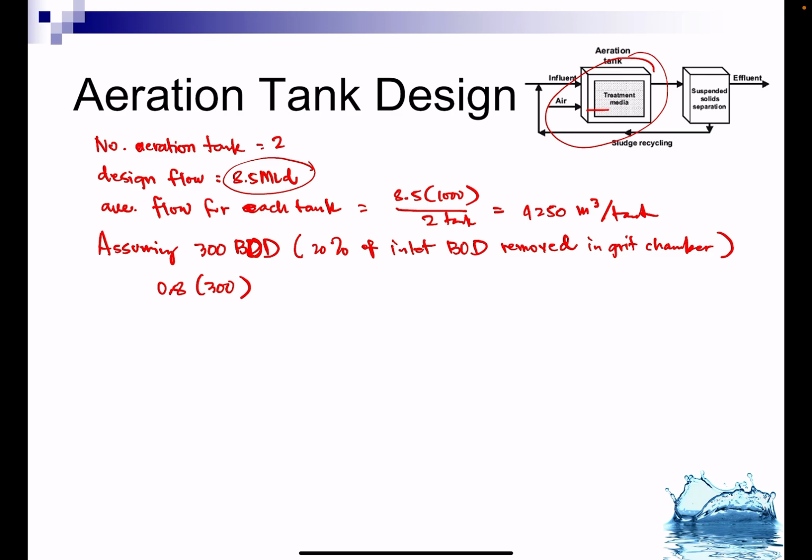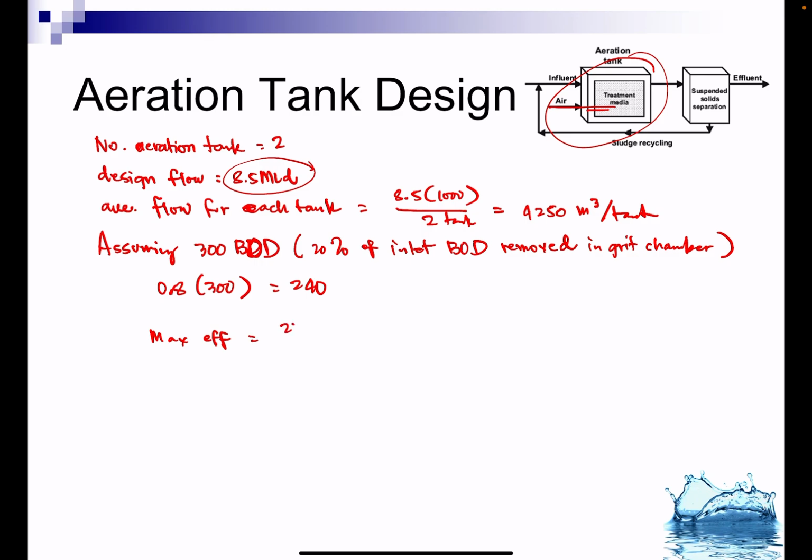So if earlier it was 300, assuming you have a 300 BOD, the value of your BOD to be treated here in your aeration tank would be around 240, 0.8 times 300. Okay? Therefore, the BOD at the outlet is 20 ppm. So you would have the maximum efficiency of your aeration tank.